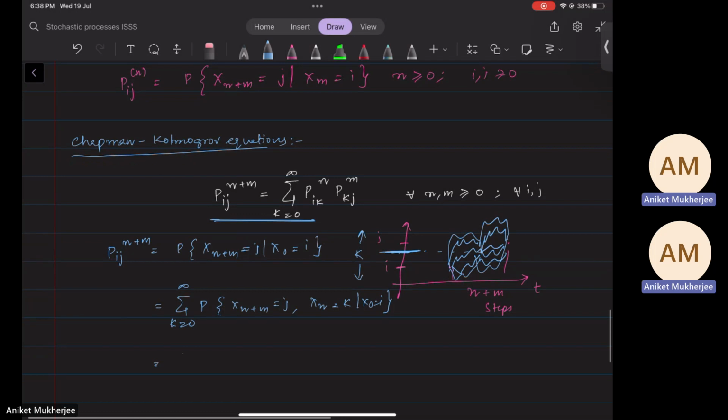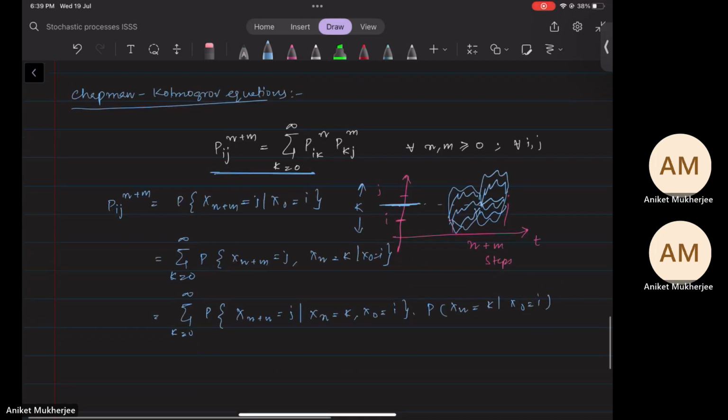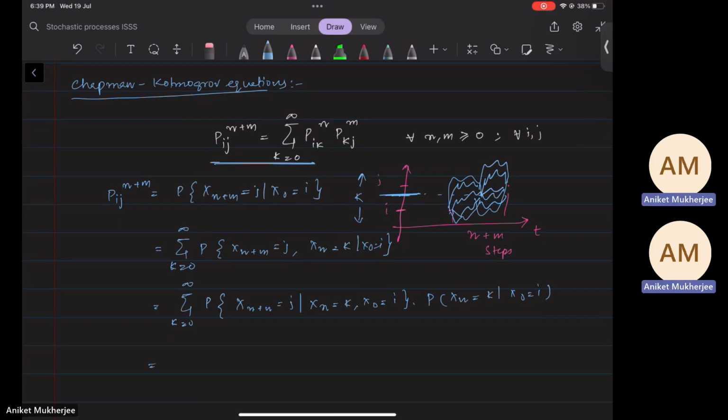Then we have summation k equal to 0 to infinity. Now using the definition of conditional probability, you can write this as probability of X_{n+m} equal to j given X_n equal to k, X_0 equal to i, into probability X_n equal to k given X_0 equal to i. Then now you use Markovity. So basically you no need to care about the history, just the immediate history is enough.